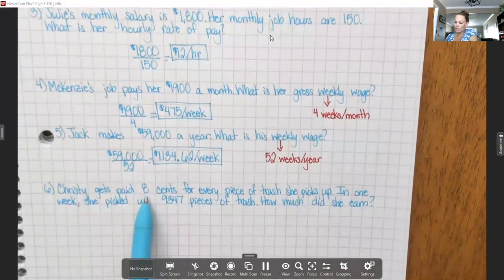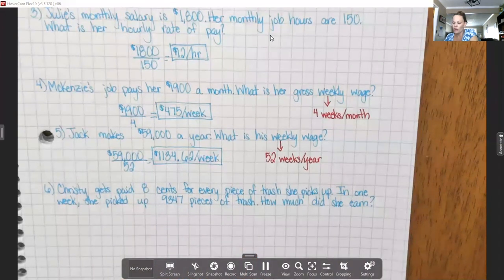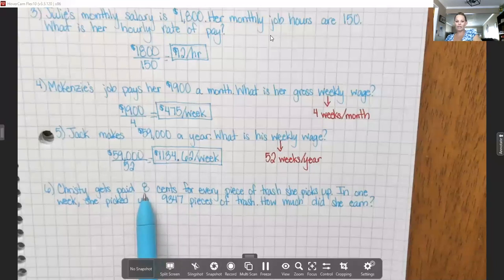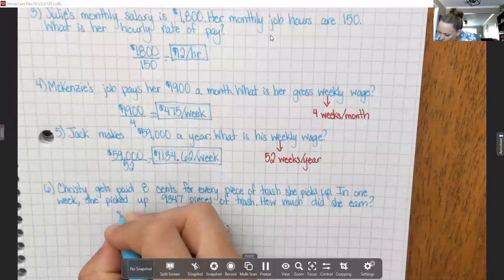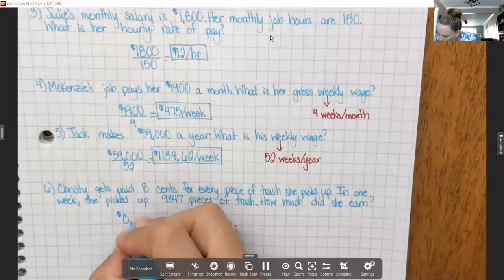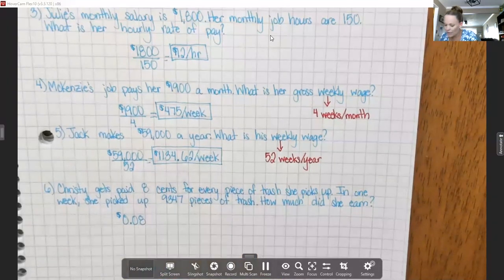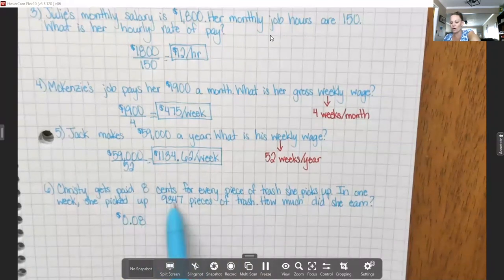So again, 8 cents for every piece of trash she picked up. She picked up 9,347 pieces. Remember, for 8 cents, since this is money, we're gonna wanna write that as 0.08, because that's how much it is in terms of money. If you just multiply by 8, then you have to convert to cents after.